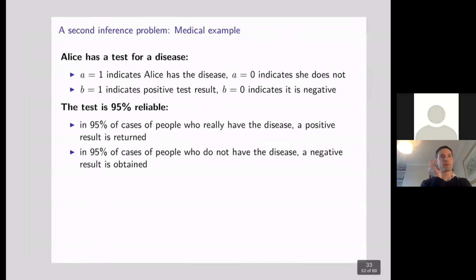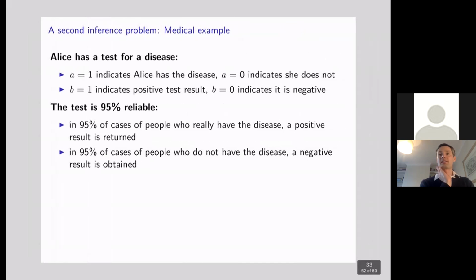Okay, so far so good. This will look like a fairly familiar problem, at least to begin with. There's been a lot of discussion about this in the context of COVID, but this particular test is 95% reliable in the sense that in 95% of the cases of people who really have the disease, a positive test is returned. And in 95% of the cases of people who do not have the disease, a negative test is obtained.